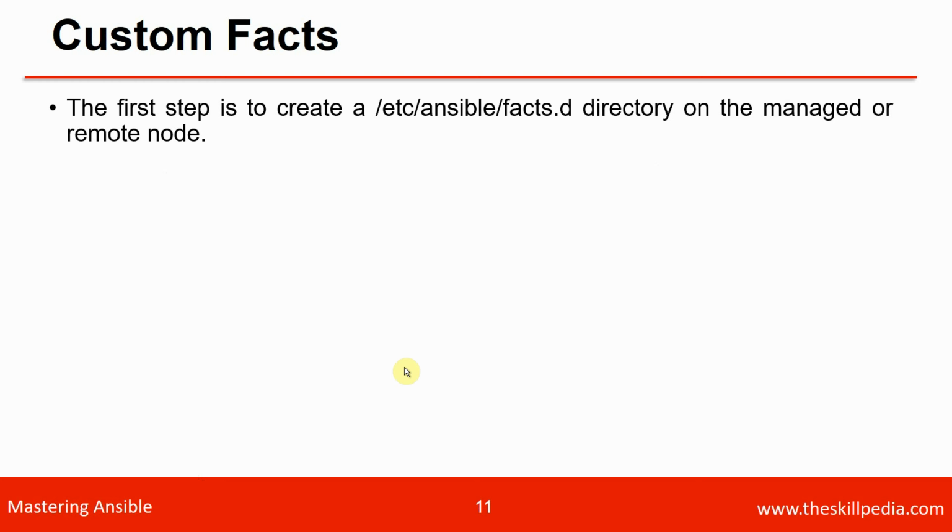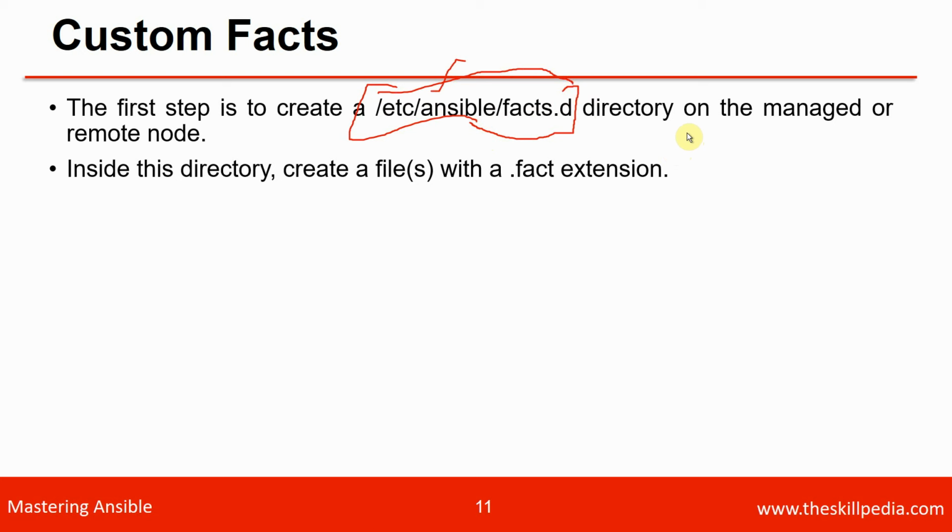You don't need Ansible on that machine, but still the path must match. I repeat, you need this directory /etc/ansible/facts.d. That does not mean that you have to install Ansible on the remote machine, but the path should be this, because Ansible will read content from this directory. So create this directory on the managed node or the remote node.